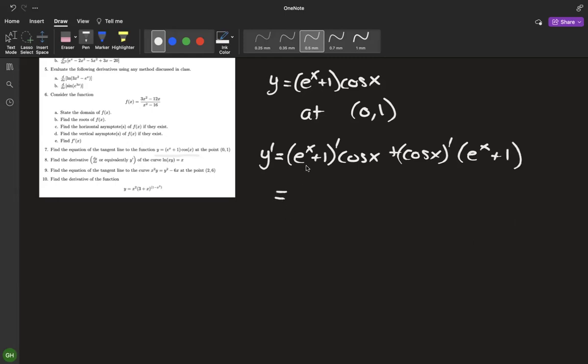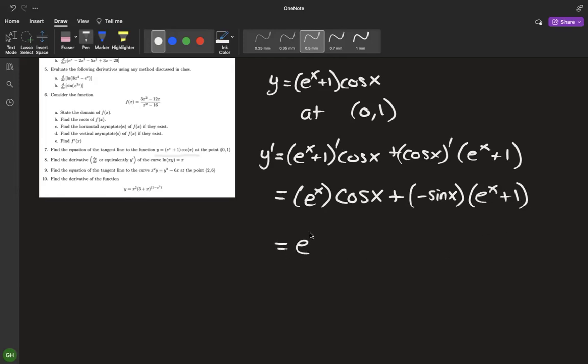All right, derivative of e to the x plus 1. The e to the x is just e to the x. And the derivative of 1 is 0. So it's just e to the x times cosine. Plus the derivative of cosine is negative sine of x times e to the x plus 1.